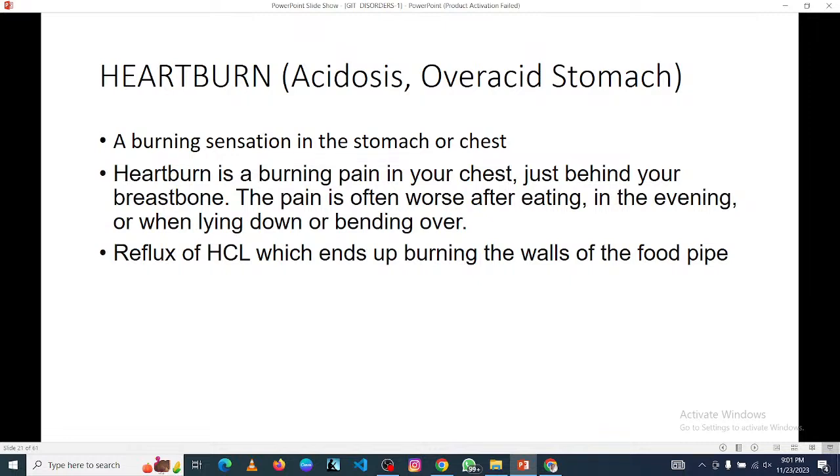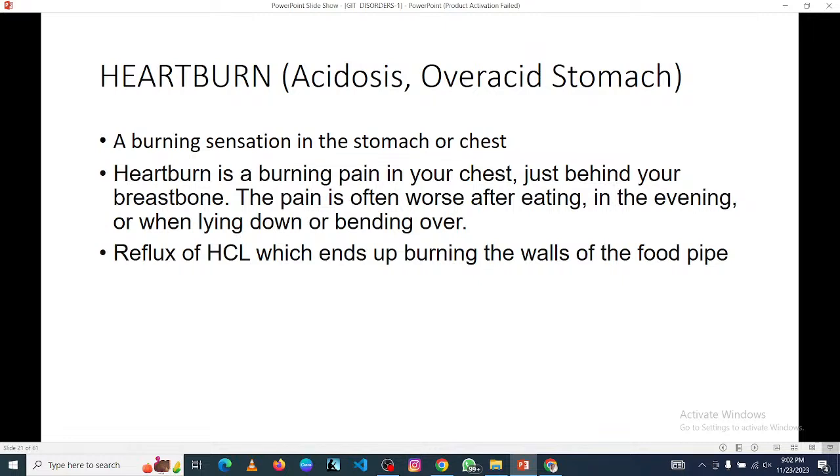You can look at the picture that I sent in the group earlier. You'll see where the epigastric region is, just above the umbilical region. Below the umbilical region, we have the hypogastric region.